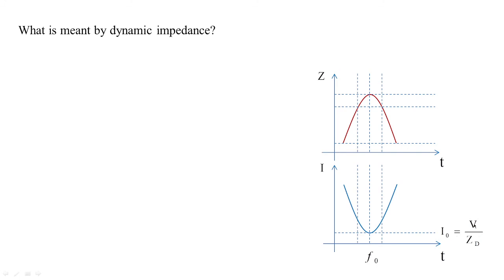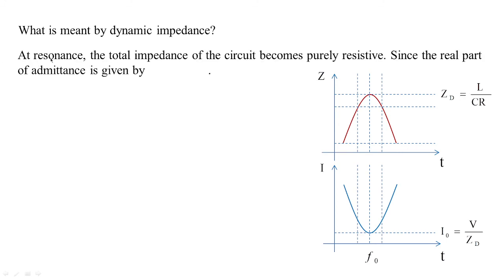So here I naught value is nothing but V by ZD. ZD is defined as dynamic impedance. So the dynamic impedance is equal to L by CR. How is this value obtained? Because at resonance, the total impedance of the circuit becomes resistive, and the real part of the admittance is given by R by R square plus XL square.